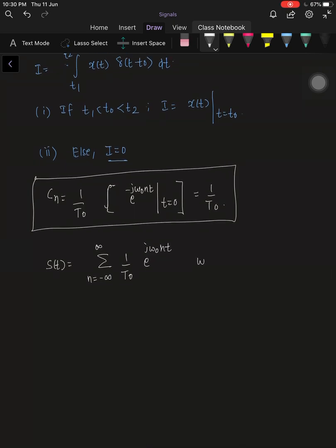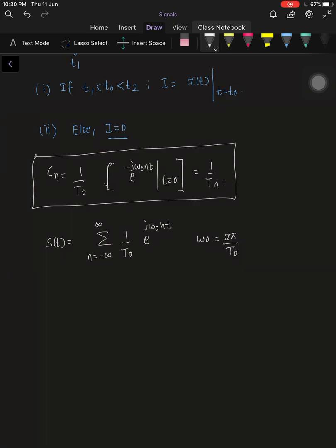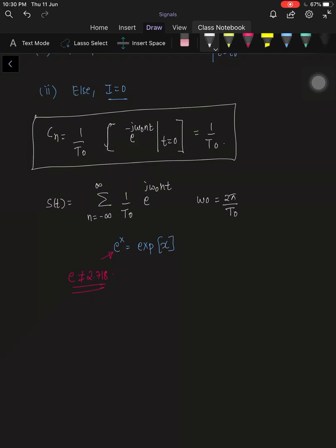And since omega naught is equal to 2 pi by t naught, and I think this is the most familiar one, e power x can be written as exp of x. And one important concept here is that e is not equal to 2.718 here, so one should avoid that confusion.